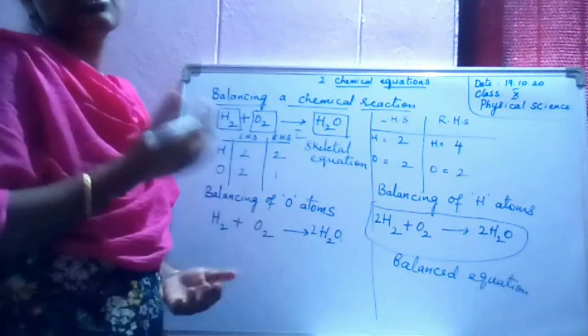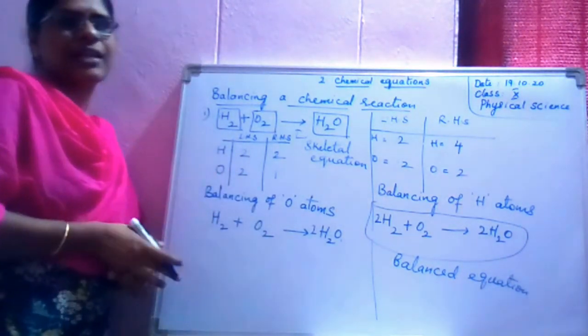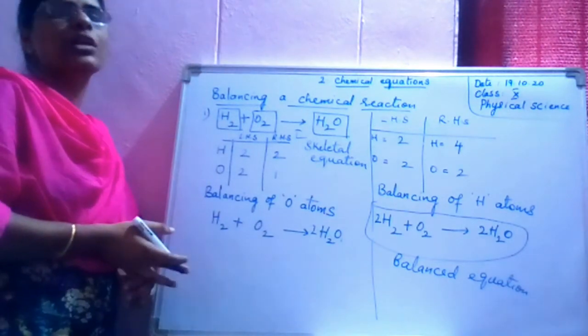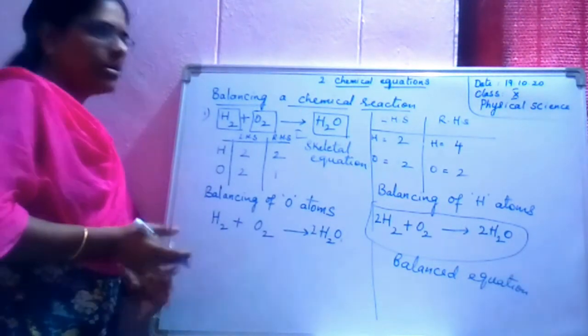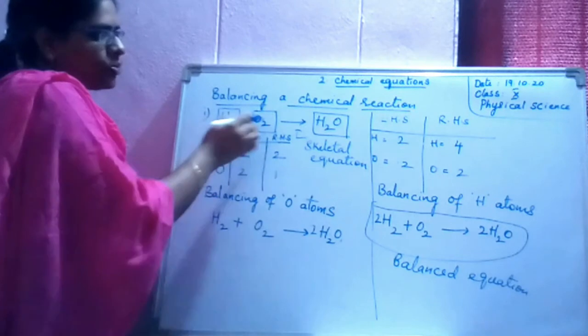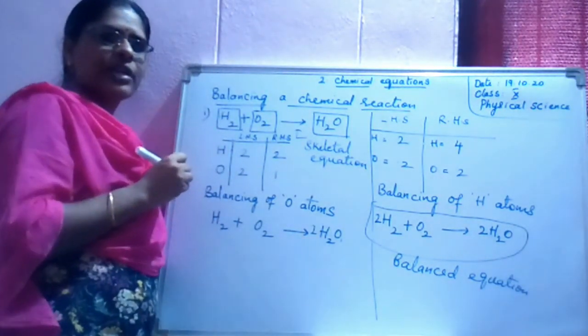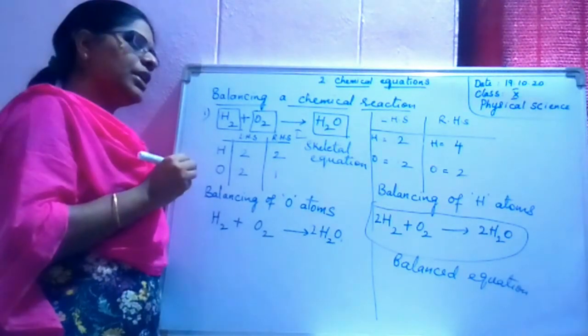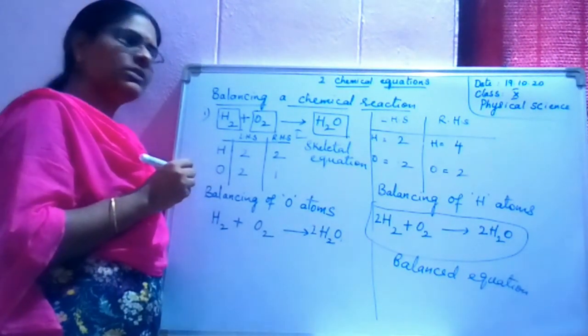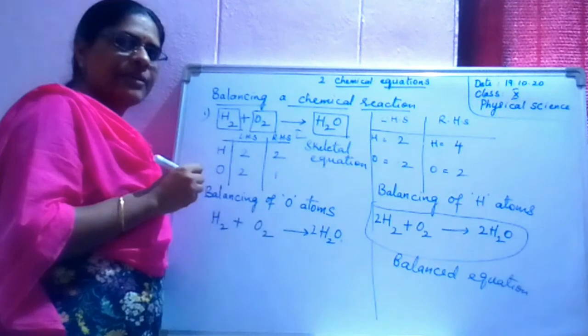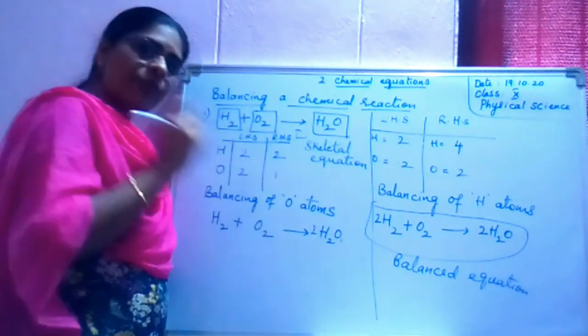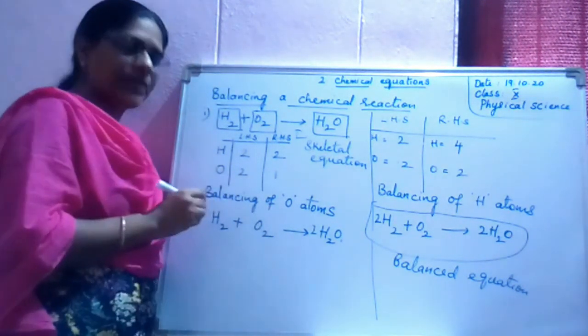When hydrogen reacts with oxygen, it gives a water molecule. Means you need to write H2 plus O2 gives H2O. Okay, children. Now here, the balancing is very much important in this chapter. Okay.